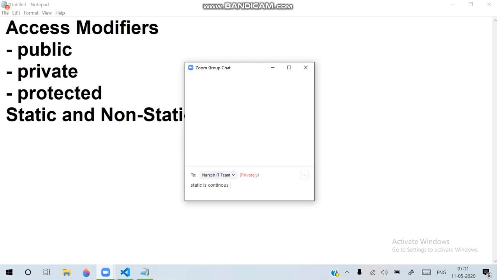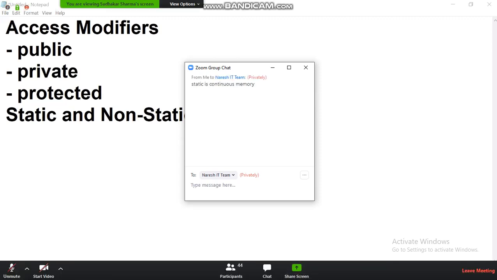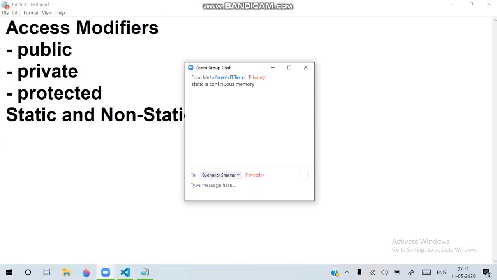Yeah. Vamsi, again you are giving your traditional old school answer. I think you forgot what we discussed. That is the main point. When you are talking about static, we need to talk about memory.